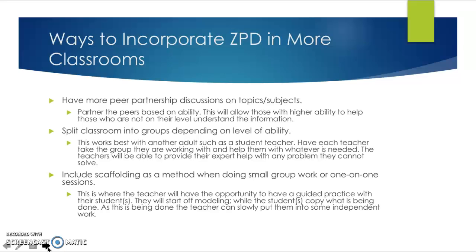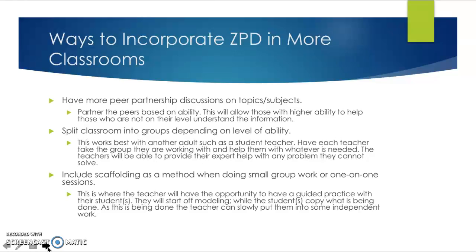This is when it's helpful to have a student teacher or a volunteer that knows the information in there, so they can have the higher ability kids in one group and then the lower ability in another group, and just have that teacher or volunteer or student teacher be helping that group with modeling and guidance with their concepts.